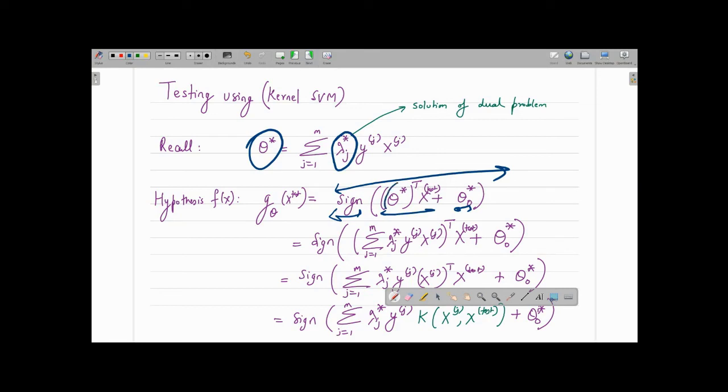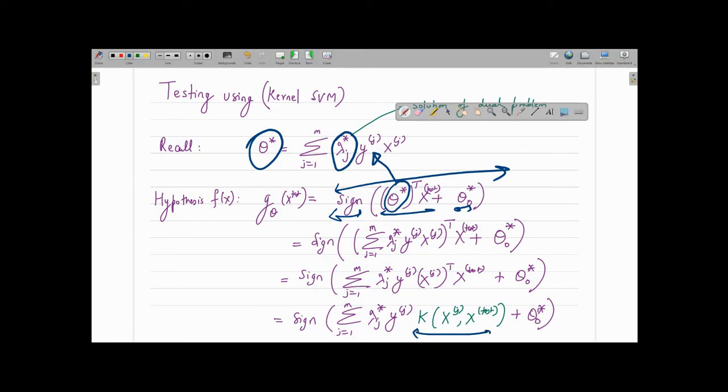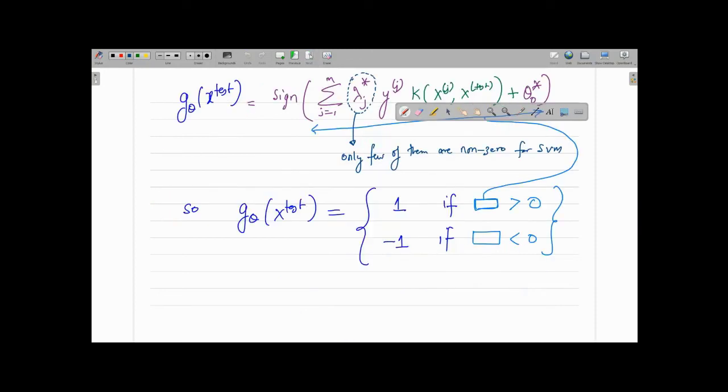So here this theta star, I am putting this value which is given over here. This is just substitution of the values, and then finally you can replace it by the kernel also, because you have xi transpose xi. So basically this is the final testing.